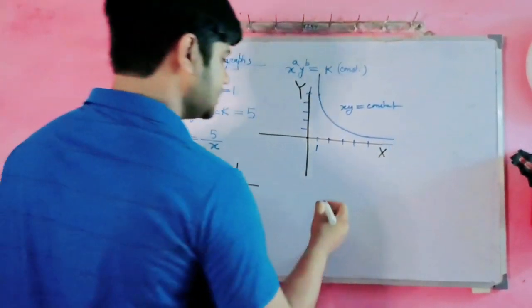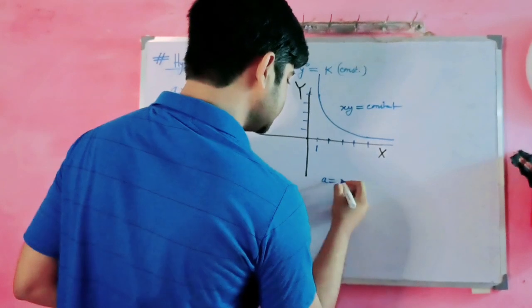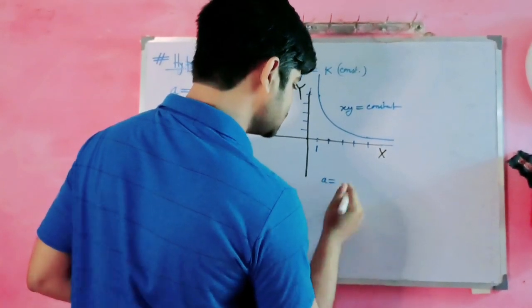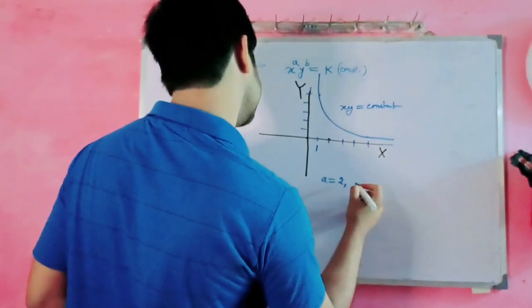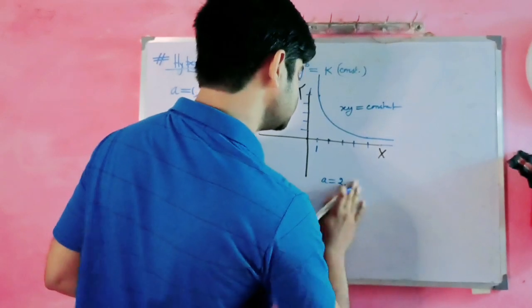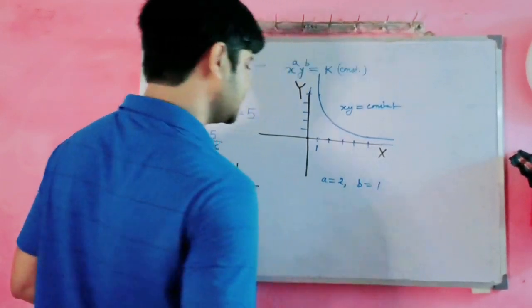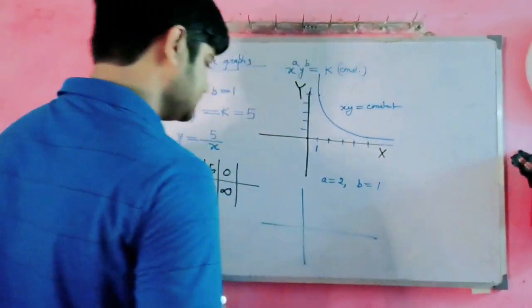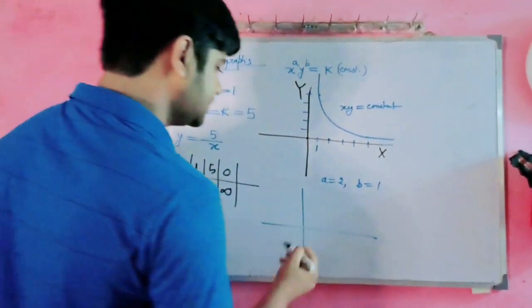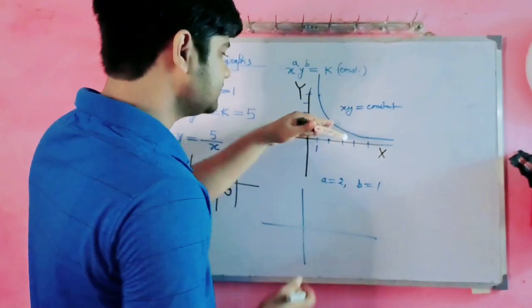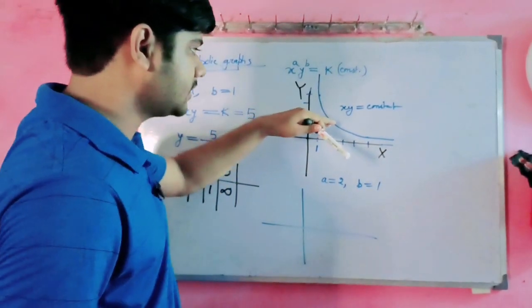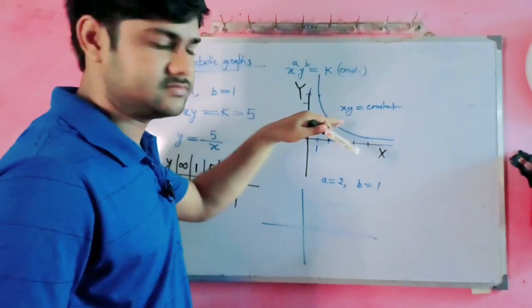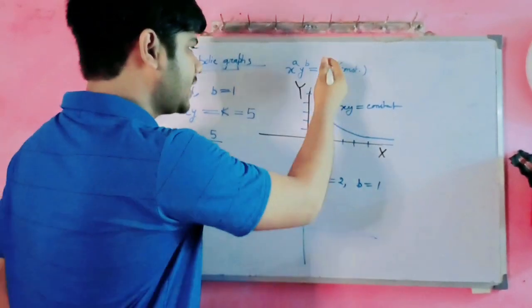Now say a equals 2 and b equals, say, 1, then how will it look? Then the graph falls very rapidly.